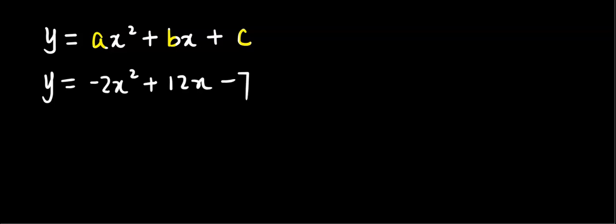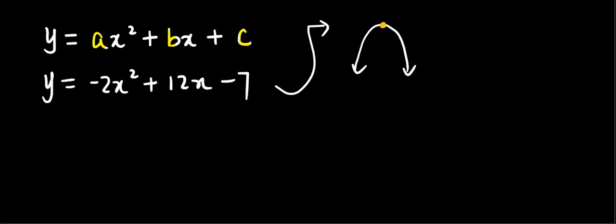Now that we have determined this graph, the parabola, is going to open downwards, it's an upside down U. We're going to look for the maximum point. How do we do it?